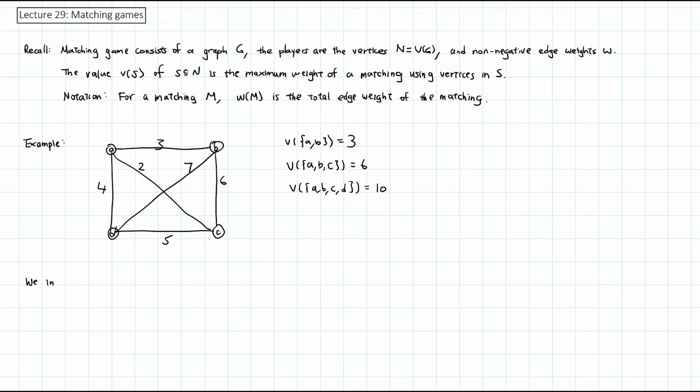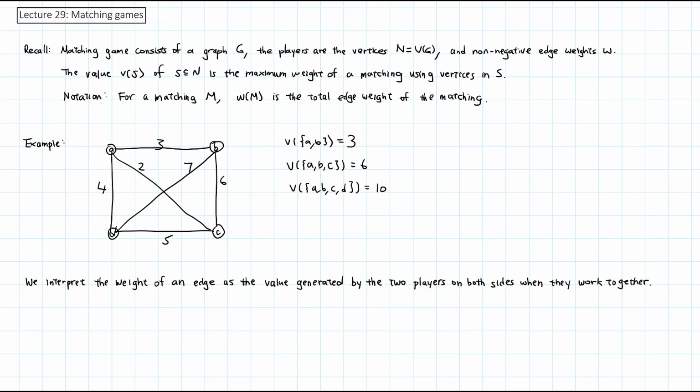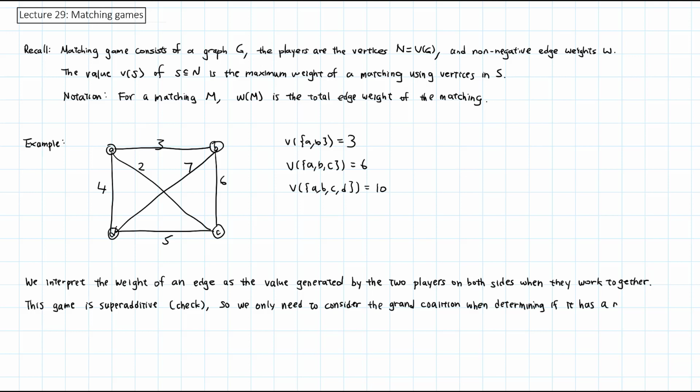Recall that we interpret the weight of an edge as the value generated by the two players on both sides when they decide to work together. It is easy to see that this is a superadditive game, so we only need to consider the grand coalition when determining if it has a non-empty core.